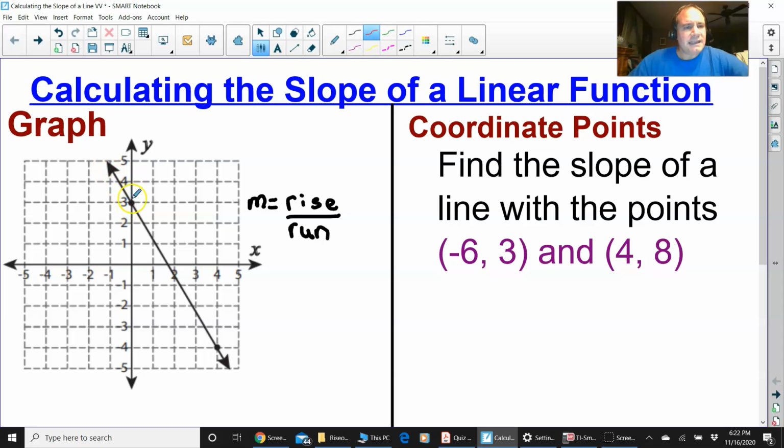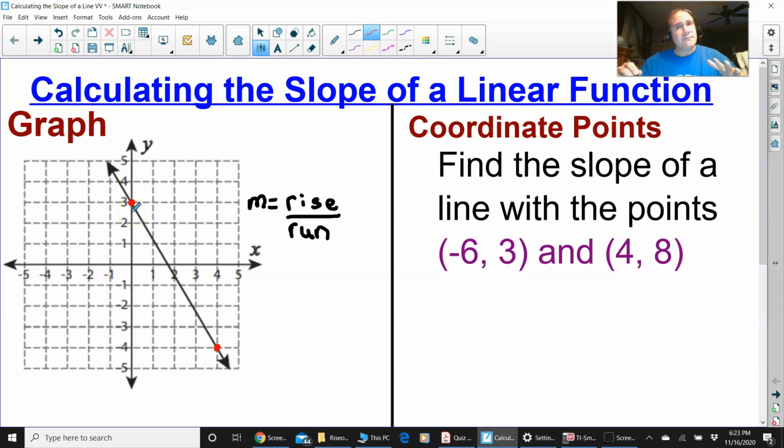So they gave you 2 points, but if they don't give you points, remember you have to pick points on the line that are in the corners of the boxes. And you see exactly what I mean right here. You see how nice and in the corner of the boxes that point is, and this point. So when you use rise over run, you have to create a right triangle.